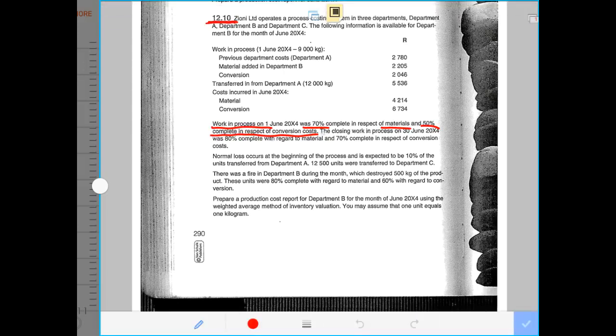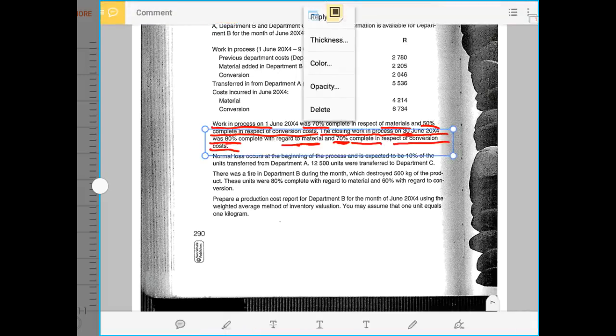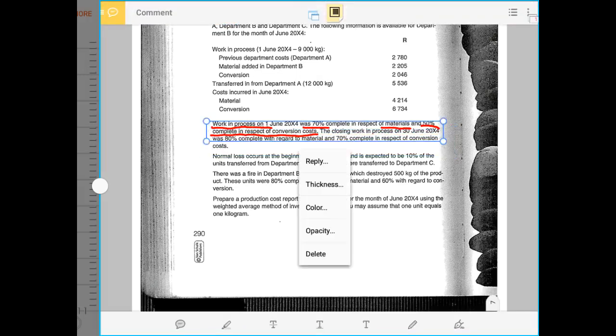And it further says that the closing work in process at the end, which is the 30th of June 2004, was 80% complete in terms of material and 70% complete in terms of conversion cost.